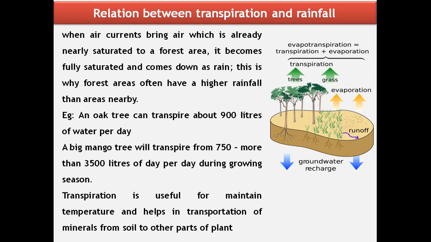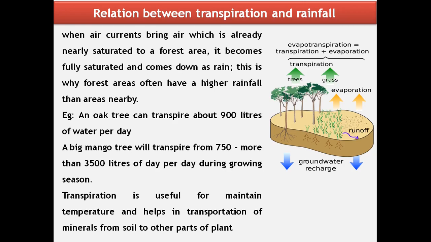Plants utilize only about 2% of absorbed water for their metabolic activities, and the remaining water they transpire through stomata and lenticels. This water is added to the normal moisture of the air, thus making the air saturated faster and bringing rain.